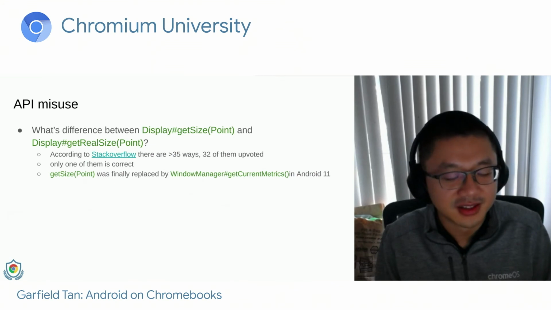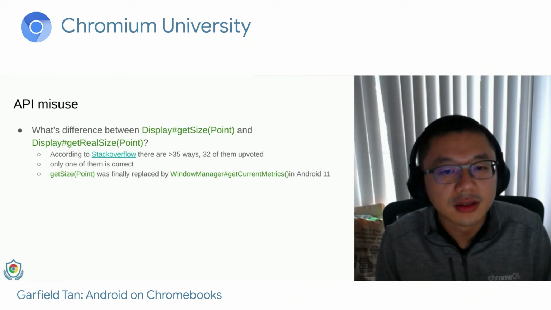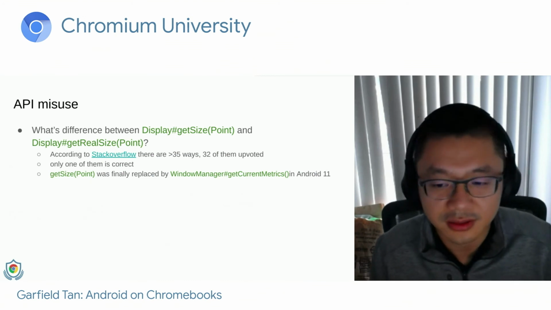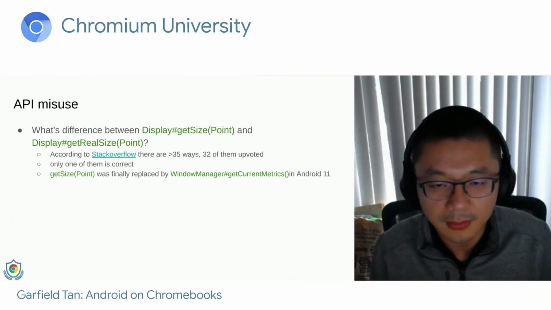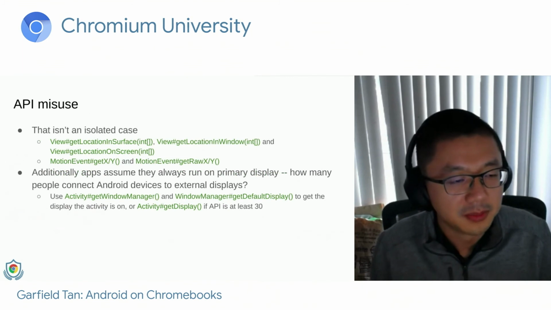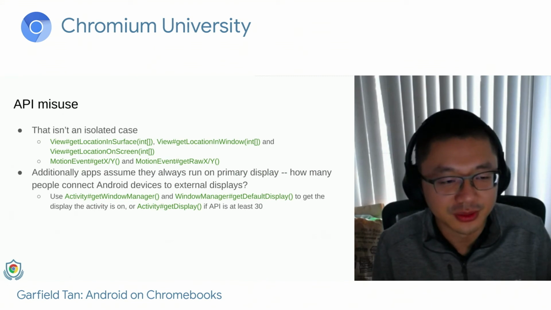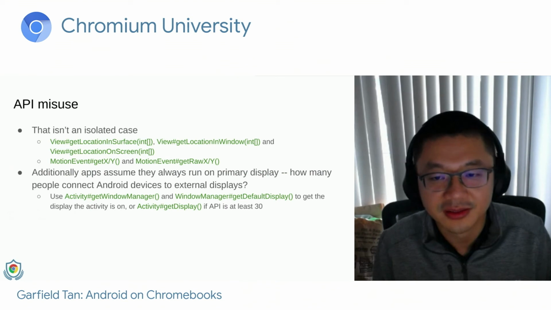I'm glad that get size was finally replaced by WindowManager get current metrics in Android 11. That is not an isolated case. We also have view get location in surface, view get location in window, and view get location on screen, and such and such.